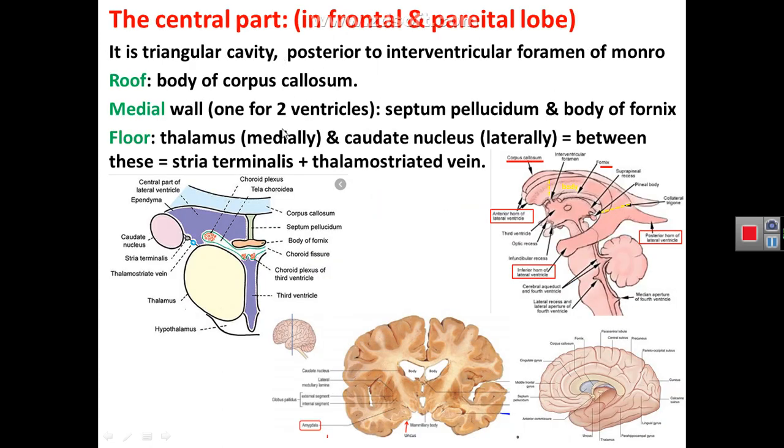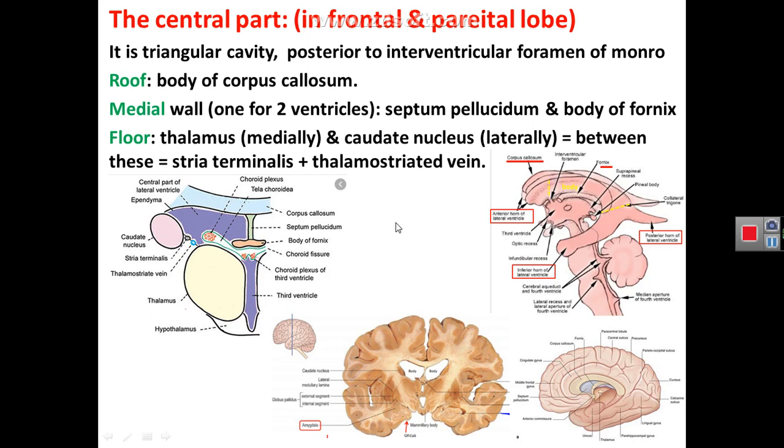Starting with the description of the body or the central part of the lateral ventricle, this part is located inside the frontal and parietal lobe of the cerebral hemisphere. It is limited anteriorly by the interventricular foramen of Monro.